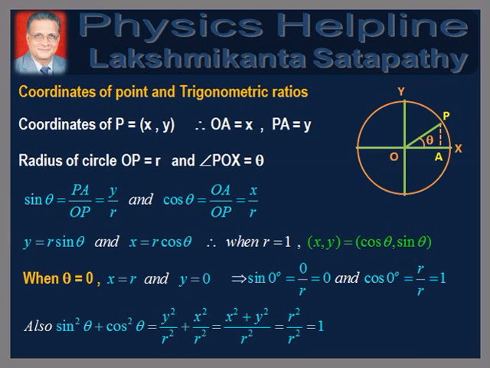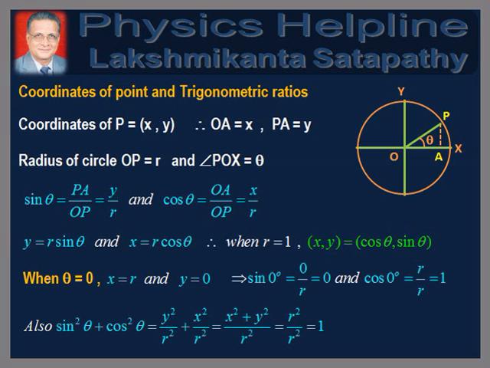Since r is always positive, x and y are positive or negative when cos theta and sin theta are positive and negative respectively. When r is equal to 1, we have x is equal to cos theta and y is equal to sin theta. We observe that when theta is equal to 0, P and A coincide at x. Therefore, x is equal to r and y is equal to 0.